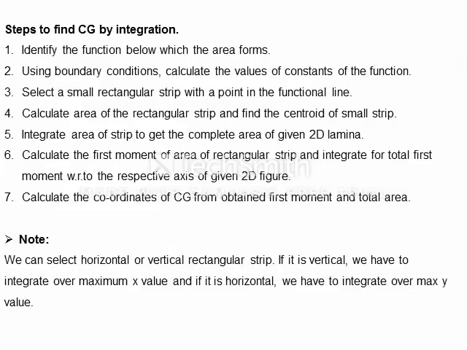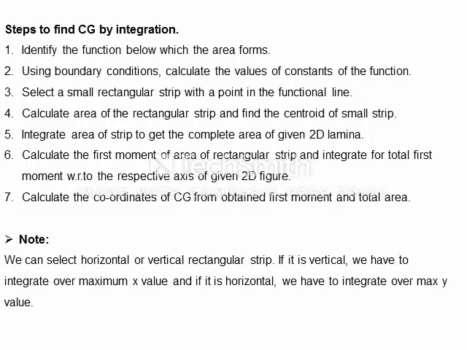Let me summarize the steps involved in the determination of center of gravity using the direct integration method. The first step is to identify the function of the line. Secondly, we have to determine the values of constants in the functions.